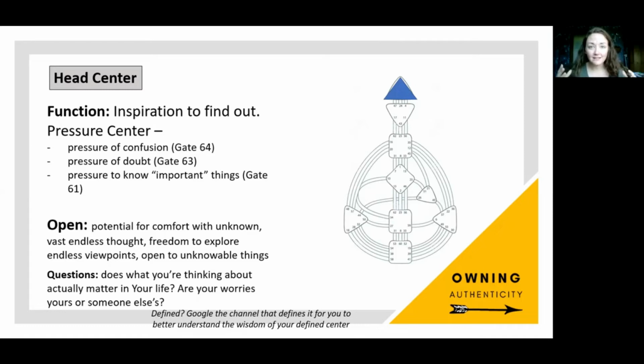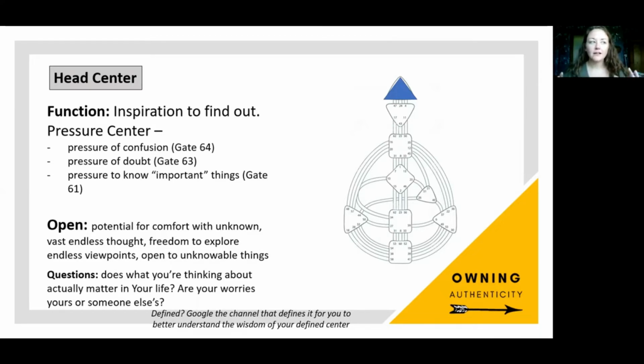So that is a pressure center. That can be a stressful thought. And this is something I want to lay here in our groundwork for pressure centers in general, because we'll come back to it when we get to the root. Pressure and excitement can feel very similar when you're not really used to it.